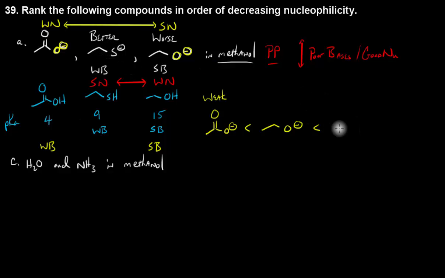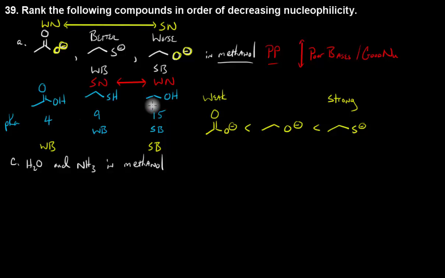So this is our strong to weak trend. Remember, we had to do two things here: compare across as well as along the periodic table. Don't forget that these can potentially invert once you start comparing vertically. That's the big issue here.